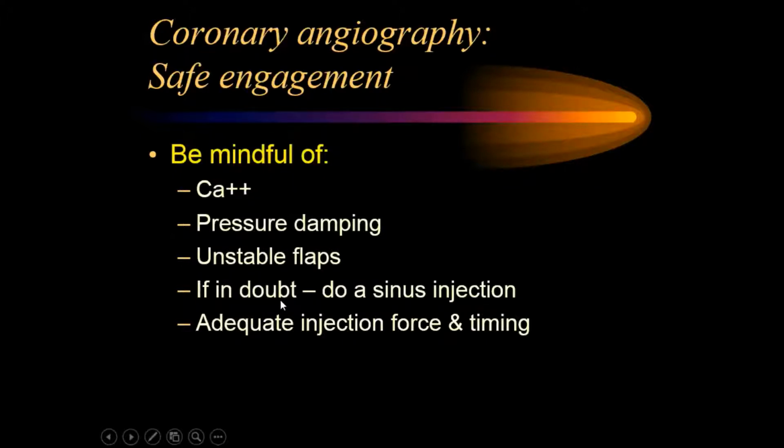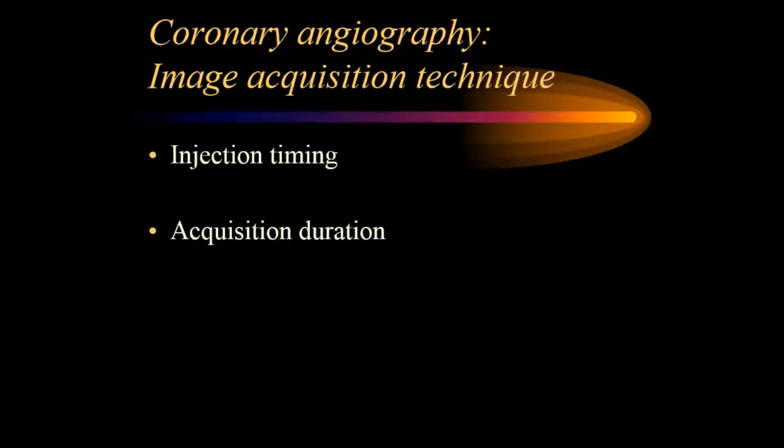If in doubt, if you think the ostium of the vessel, the left main stem particularly, or the right coronary artery is not normal, then do a sinus injection. So inject into the sinus where the coronary artery is arising from. The injection force and timing is also significant, and I'll go through that in a second: how to inject, when to inject once you do the acquisition.